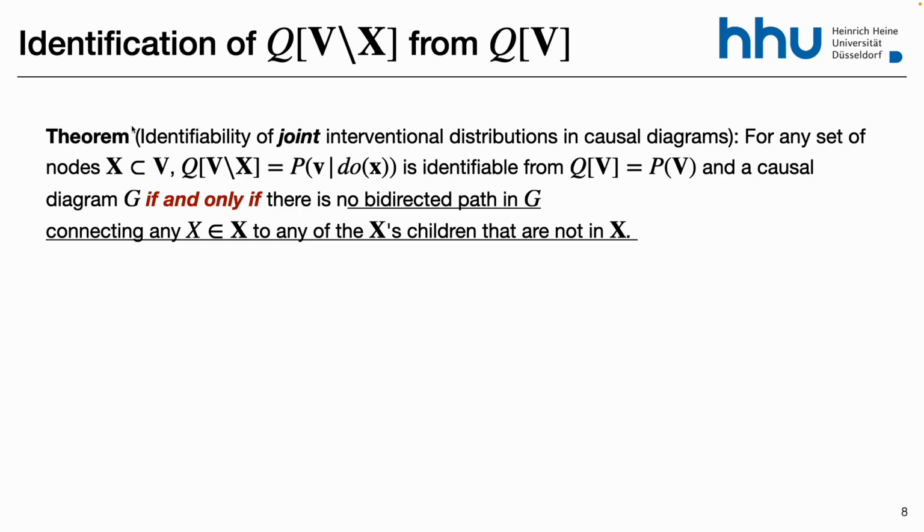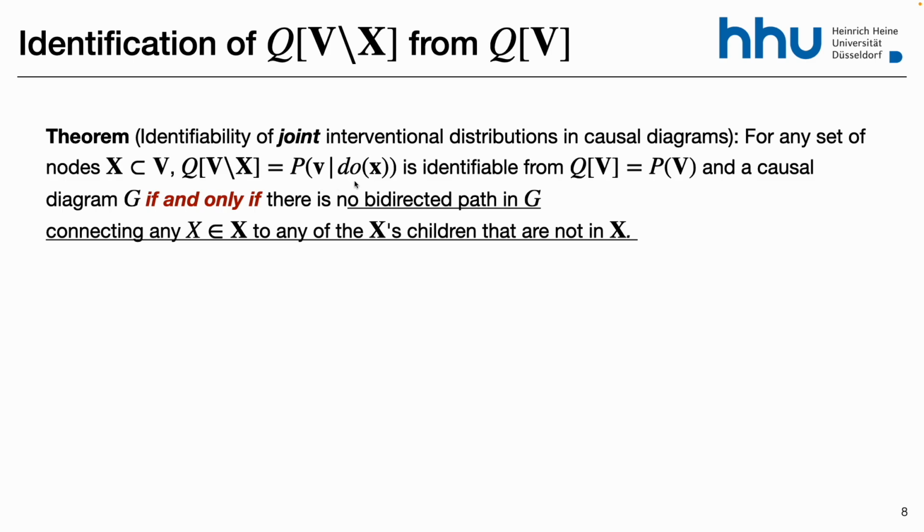For any set of nodes X in V, this expression, the QV minus X, if you remember, is just the probability of V given do of X. So remember, it's just the probability of what's here given the do of all the other variables, and all the other variables is just X. So this is the joint interventional distribution.